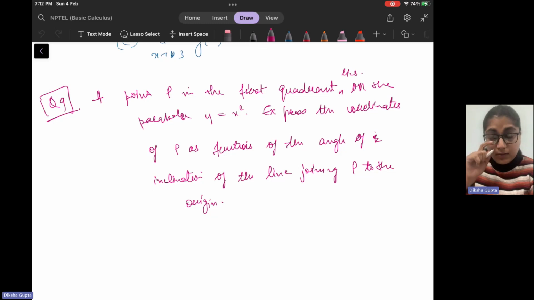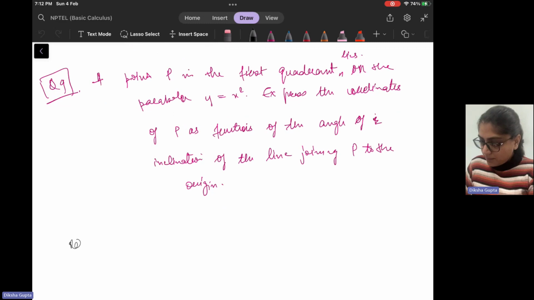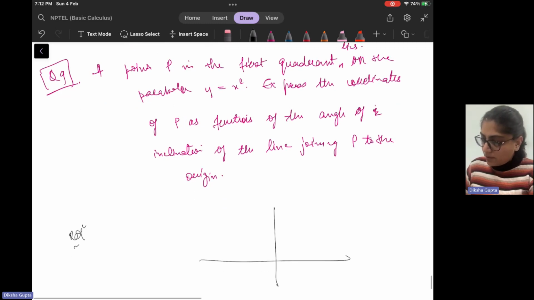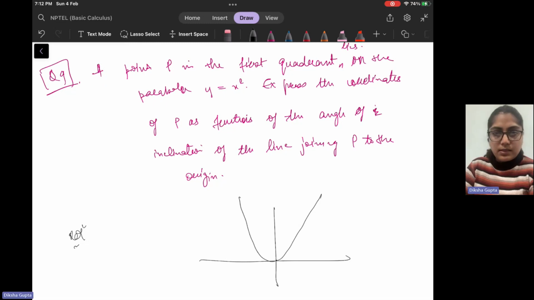Okay, I hope you have tried the question. So the question is, given a point P in the first quadrant of the parabola, so the parabola looks like y equals x square, looks like this. Right?